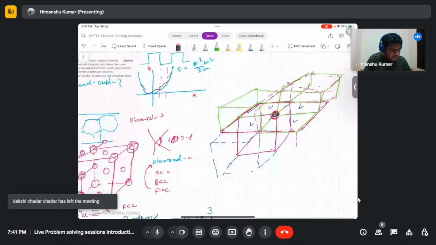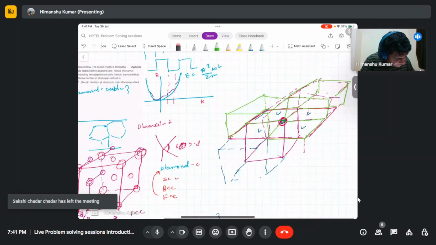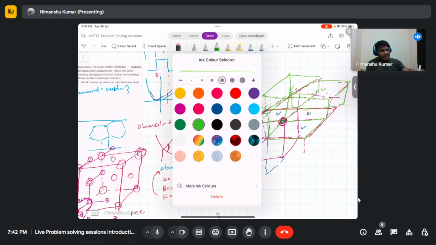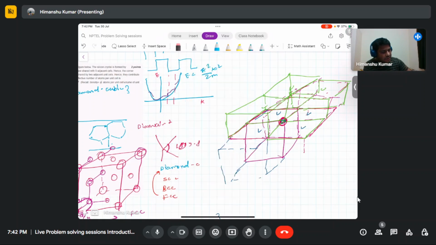So this will be one of the crystal cells, and on the back side also you will have this unit cell actually. So you can see like this, 1, 2, 3, 4. So this is shared by the four unit cells on the top also. 1, 2, 3, 4.